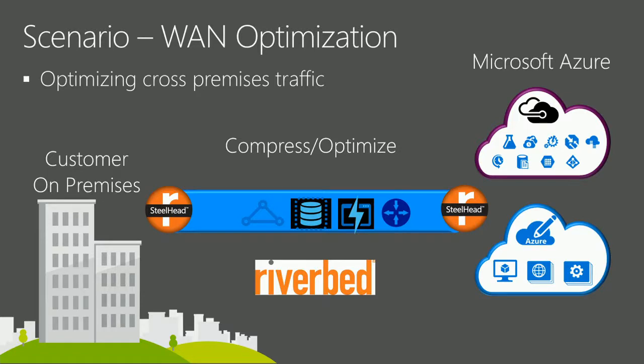They optimize your WAN traffic, storage applications or other applications, HTTP-level workloads. Typically, they will have one appliance, either virtual or physical, on-premises, and another head-end in the cloud. And they work together to compress or optimize the traffic. And Riverbed is with us today to showcase Riverbed Steelhead running both on-prem and in Azure, and also SteelCentral to provide a good showcase of the telemetry or analytics.